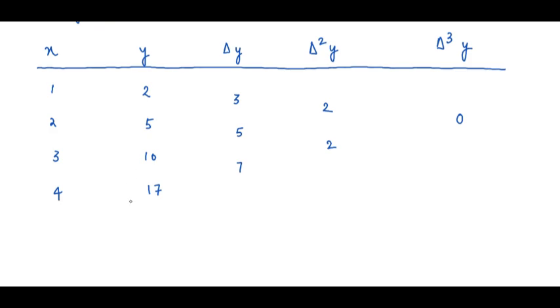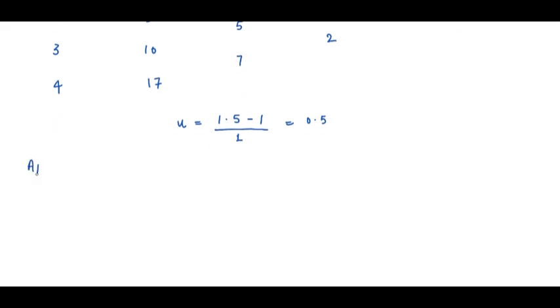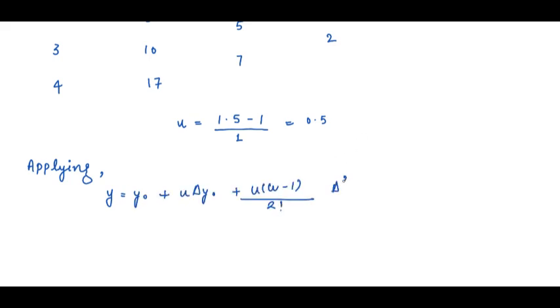Now calculating the u value, since we need x as 1.5, x naught as 1, and h equals 1, we have u as (1.5 minus 1) by 1, which is 0.5. Now applying the Newton forward formula, y is y naught plus u times del y naught plus u into (u minus 1) divided by 2 factorial del 2 y naught.